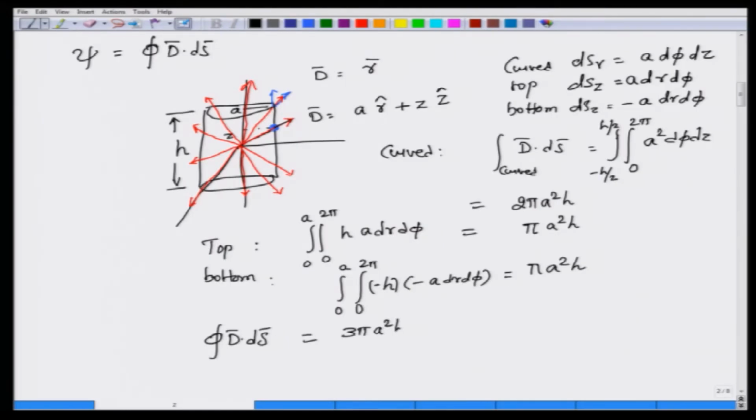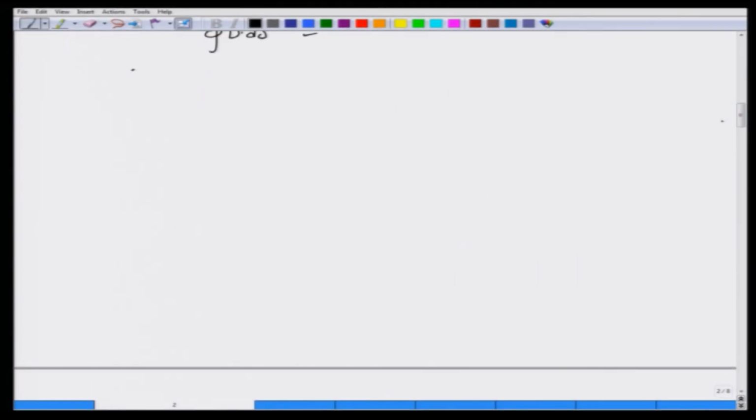Now, let us find this value by a different method. We have already discussed that the integral over the closed surface of D dot dS can also be written in terms of its divergence, that is del dot D over the volume enclosed by that particular surface. So, let us evaluate del dot D for cylindrical coordinates.